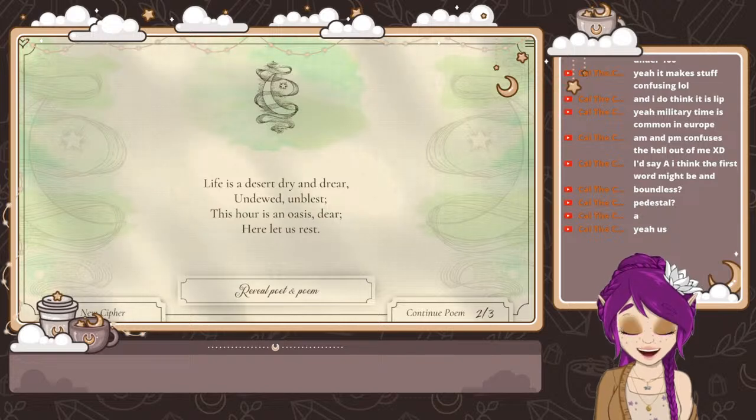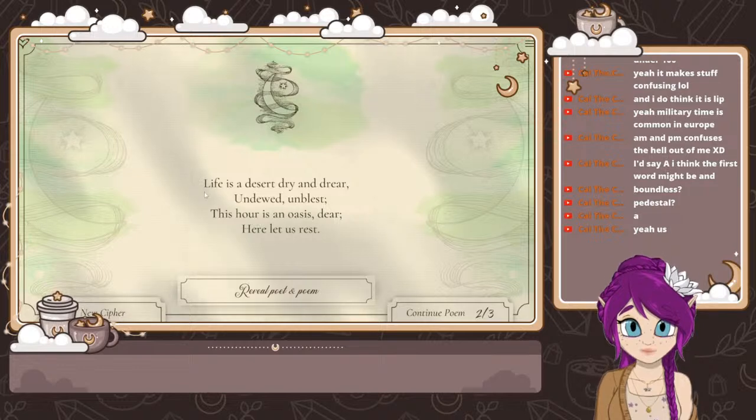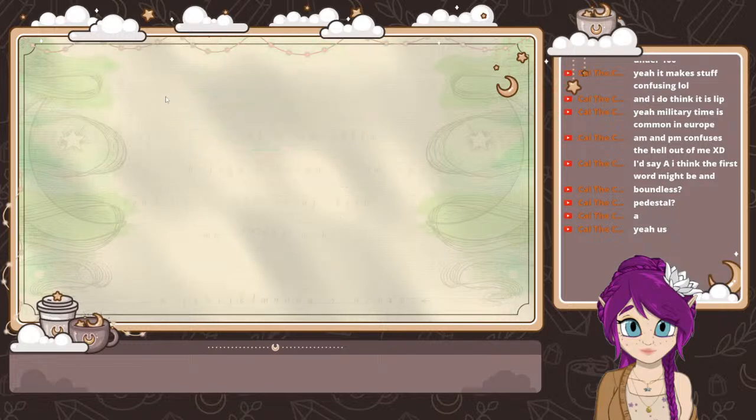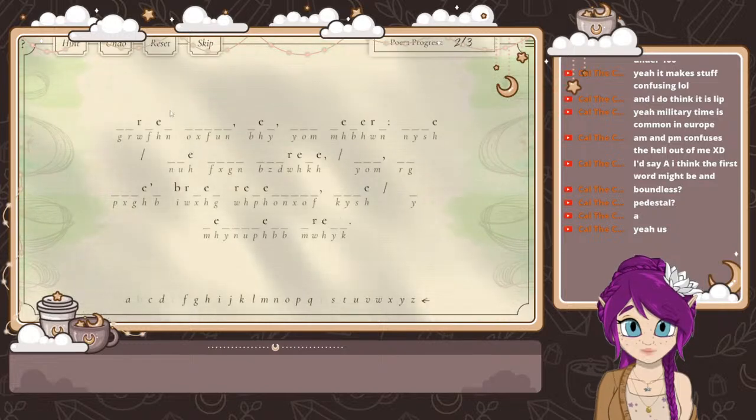Means deprived of blessing, unholy, evil, or unhappy. Oh, okay. Interesting. This is a very dark childhood poem so far.